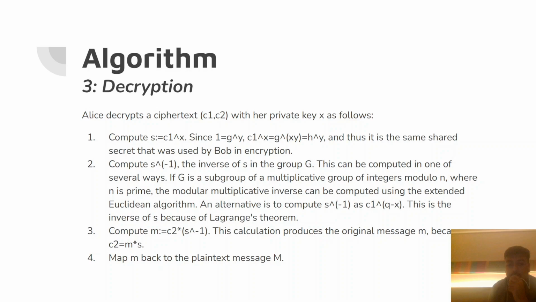Modular multiplicative inverse can be computed using the extended Euclidean algorithm. An alternative is to compute s inverse as c1 raised to q minus x. This is the inverse of s because of Lagrange's theorem.